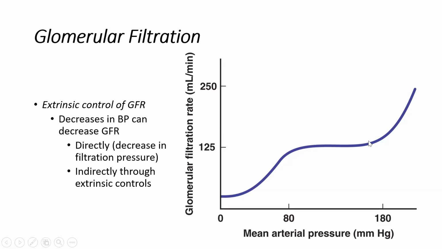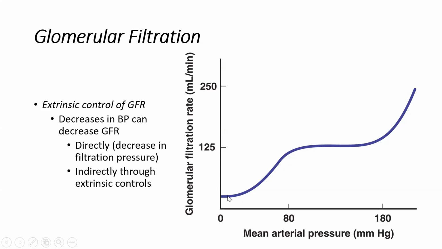When we speak about extrinsic controls, we're really speaking about decreases in blood pressure that do cause a decrease in GFR. So beyond that 80 to 180 window, the kidneys will eventually waver the GFR. The GFR will either drop if mean arterial pressure drops or rise if mean arterial pressure rises. So you can write the extrinsic controls out here.